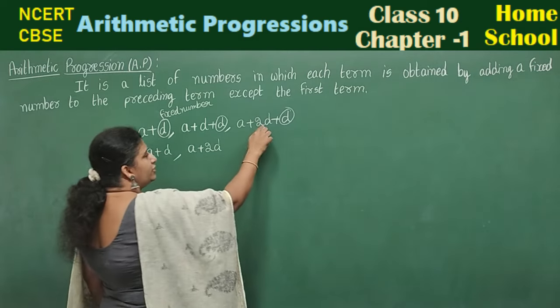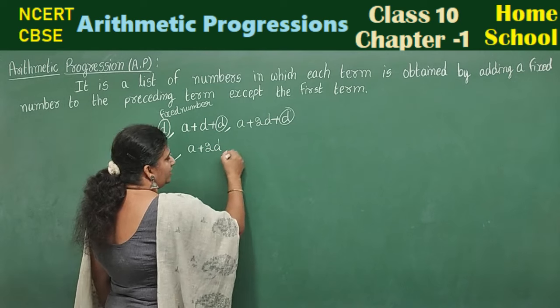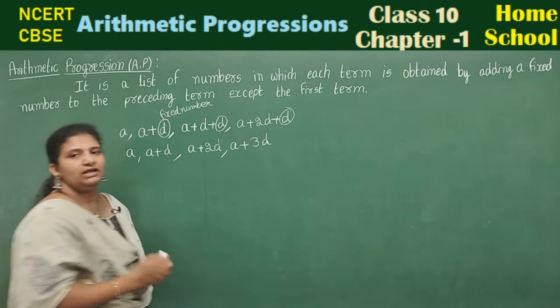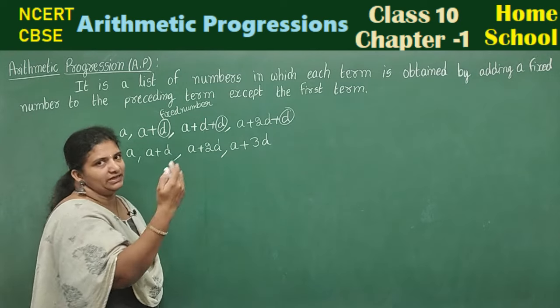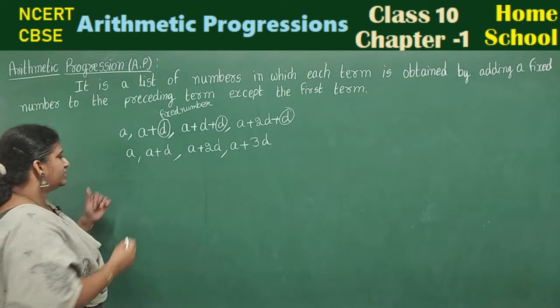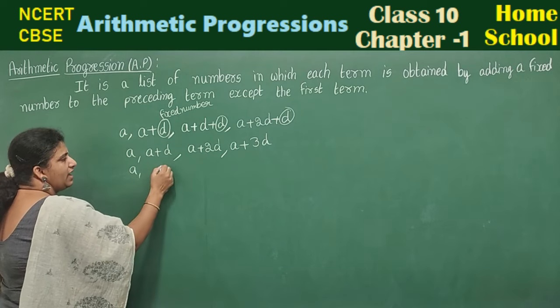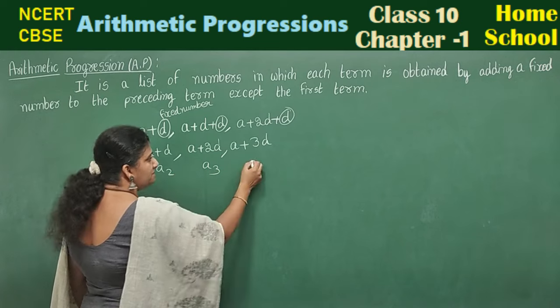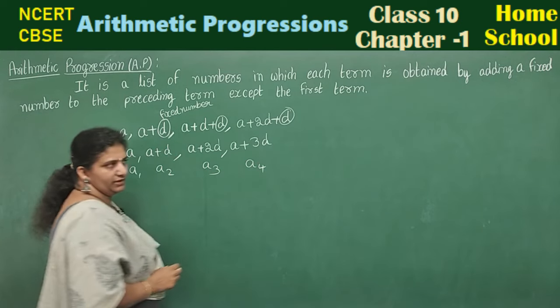That means 2d plus d will be 3d. So the next term is a plus 3d. Like this, we can get the terms. Okay. So this is the first term and this is the second term and this will be the third term. This will be the fourth term.